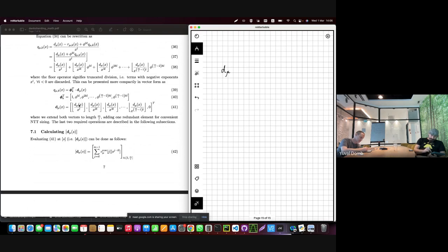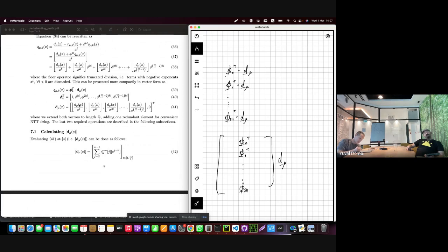Instead of doing what we naively would do, which is take the d vector and multiply it by phi 0, then phi 1, and then phi 511, times d mu, if we put all the phis, which are all transposed, into a matrix whose rows are these phis, then because of the structure of phi, you can probably tell that this is simply another f of t.